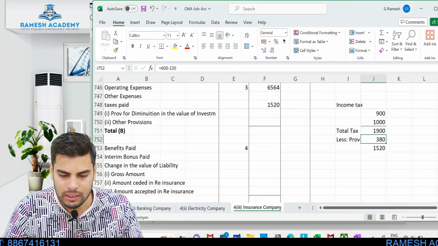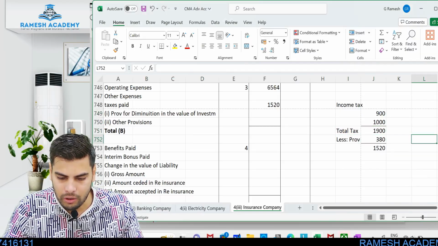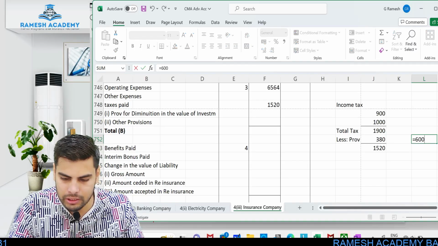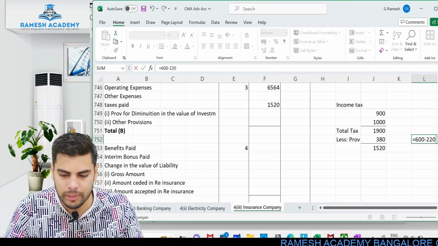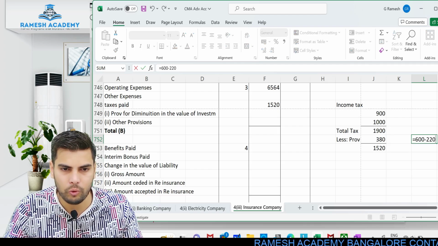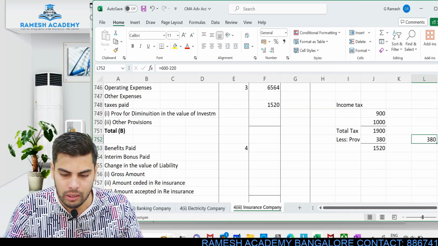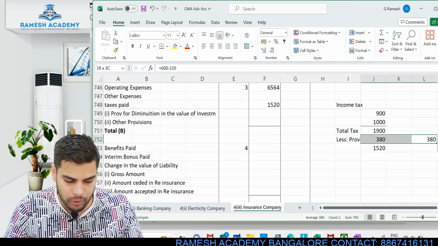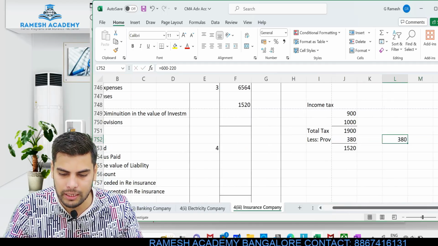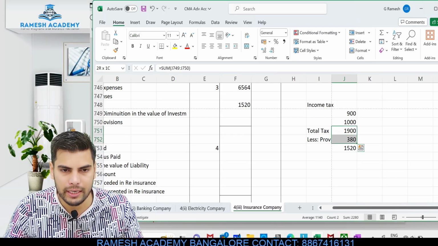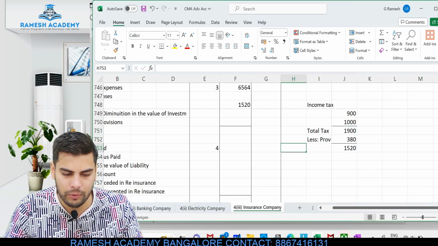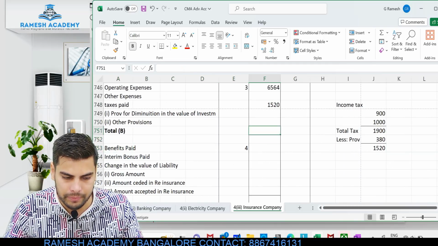Out of this, the provision balance in the trial balance is mentioned as 600. But in the adjustment they are telling that the closing balance will be only 220. So in your balance sheet, 220 is what you'll show. So 380 you are utilizing from the provision. Out of 1900, 380 you utilize from the provision, and 1520 is the amount which you would have paid.